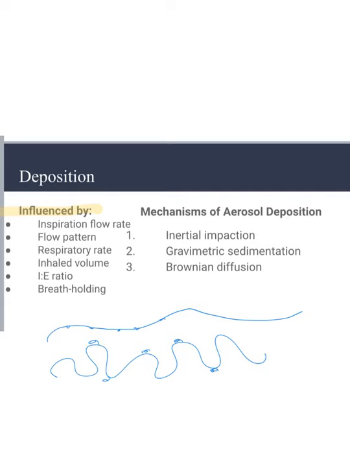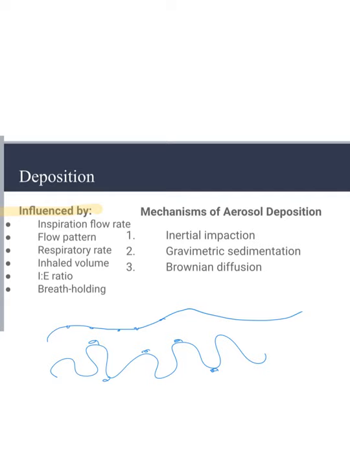Your respiratory rate: if you have someone who's breathing faster, with a faster rate in and out, it's more likely to be exhaled. Inhaled volume: if they're taking shallow breaths, there's not enough time or flow to get down to the bottom portion of the lungs. The I:E ratio is similar.